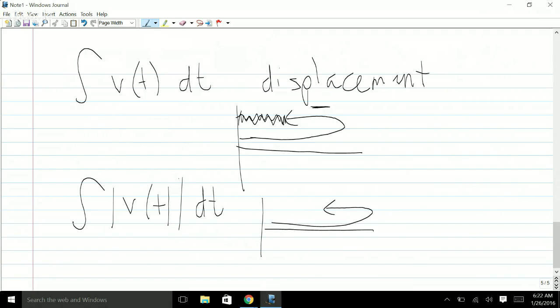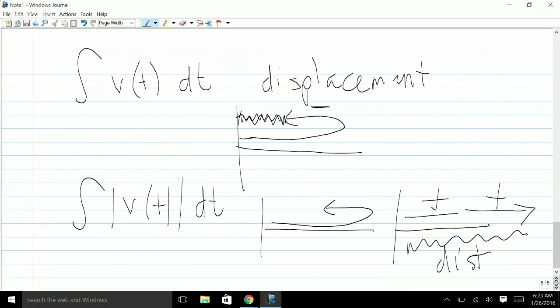And the graph of the absolute value basically does this, and changes both of them to positive, and it gives you total distance traveled. Okay, so that's the difference between displacement and distance.